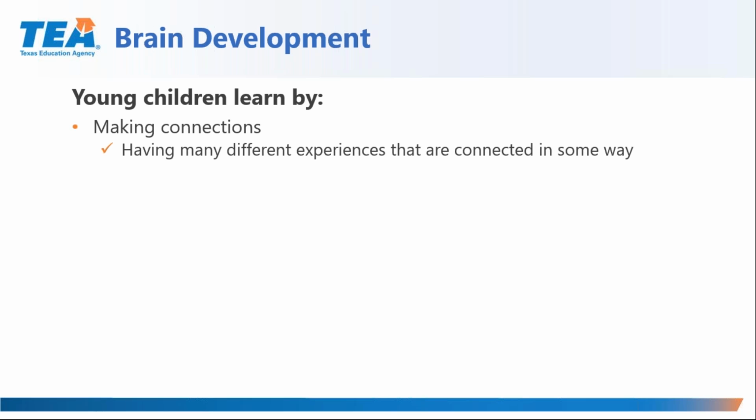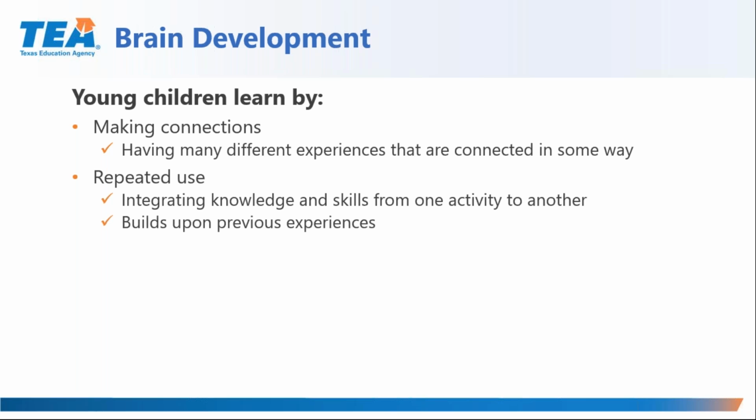We know that young children learn best by making connections, which involves having many different experiences that are connected in some way. And that's why we encourage integrated curriculums and why we find them to be really helpful with students. Additionally, young children learn by repeated use, which integrates knowledge and skills from one activity to another and also builds upon previous experience.